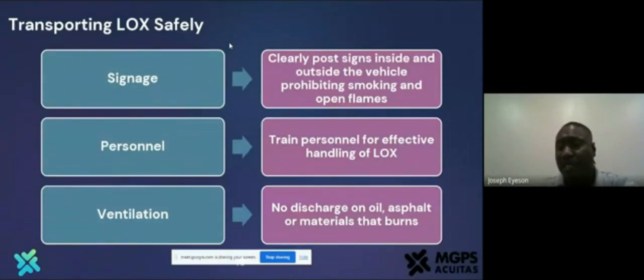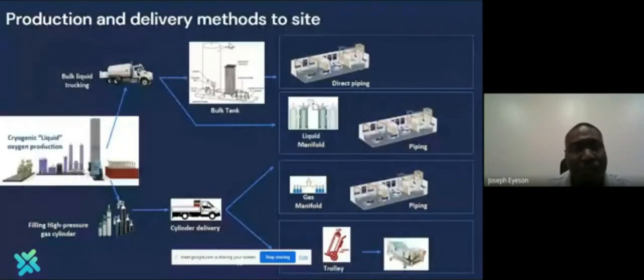There are valves, there are safety relievers, and in case of high pressure, it pops out. And in transporting it, because you are driving it over asphalt roads, you have to ensure that these things are not spilled on the asphalt, because when oxygen comes in contact with anything that is flammable, it can cause explosion and fire. So all these things you need to consider. If there's enough ventilation around, then these things can be taken care of.